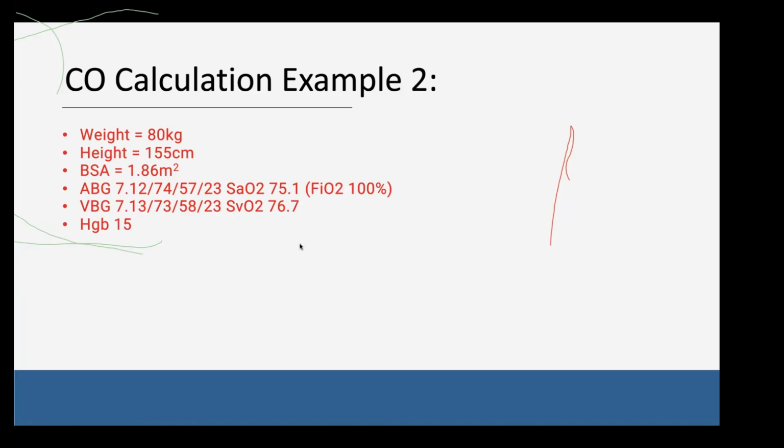Yeah, so that's why I said this looks interesting, because already the denominator for your cardiac output calculation is going to look very little, even before you start calculating, because there's no oxygen being extracted on the venous side. Even though the amount on the arterial side is low, even on 100% oxygen, it's not being utilized at all.